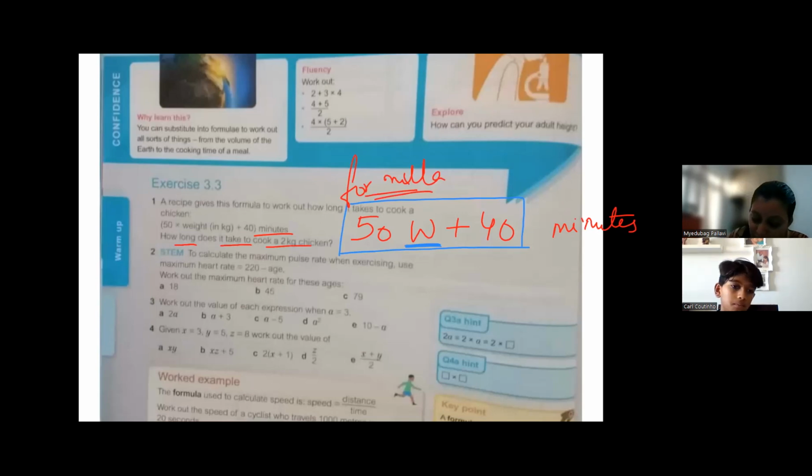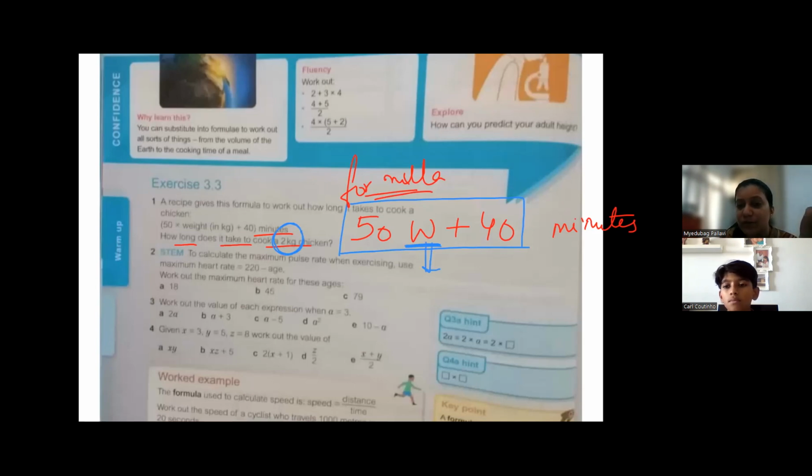In this particular expression, only one variable is unknown, that is W, the weight of the chicken. The value of W is given in the question: the weight is 2 kg. We have to find how long it will take to cook 2 kg of chicken.